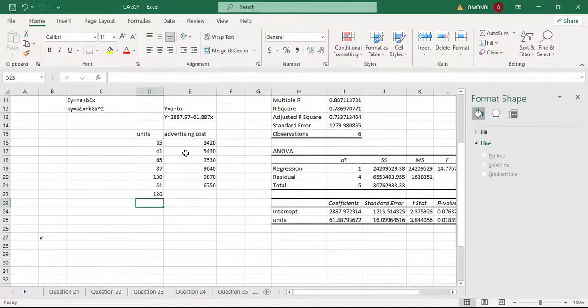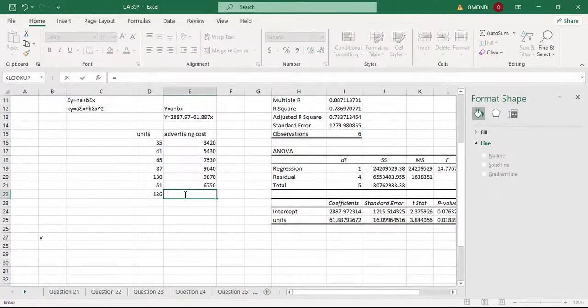What will be my advertising cost if I add 136 units? I will simply say it is equal to the fixed cost, which is this, plus, close the bracket, variable cost per unit. Remember, my fixed cost will not change, so I can lock these ones here.